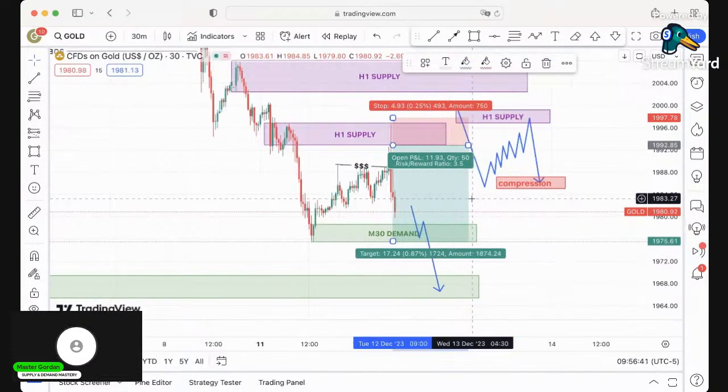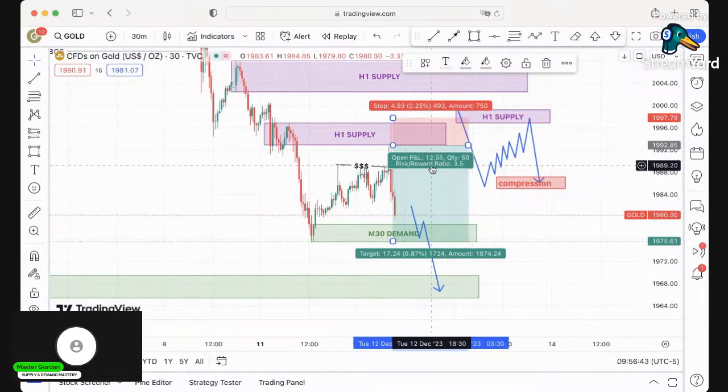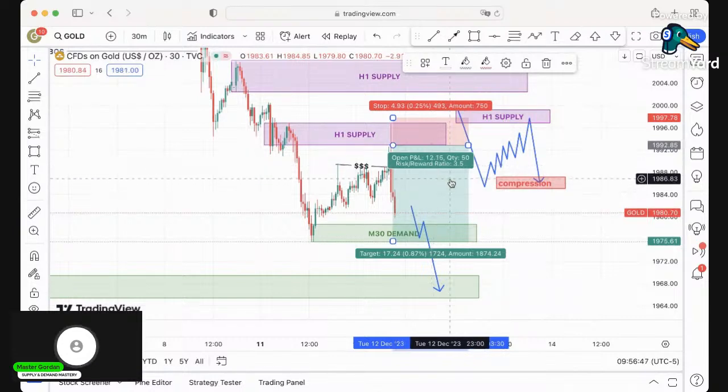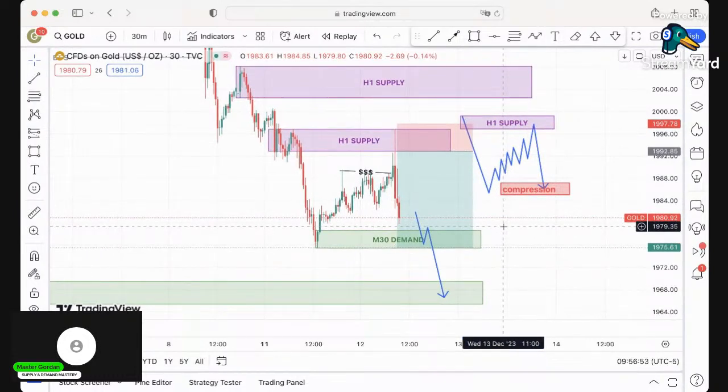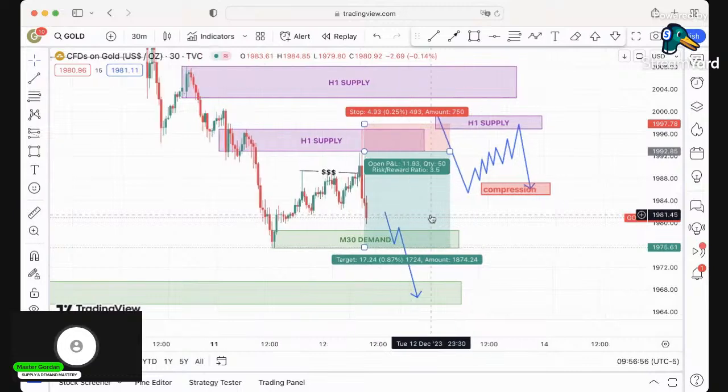So you check what the risk reward ratio is here. The risk reward ratio is 3.5. That means if you risk 1% for this trade, then in return you will get 3.5% by just one trade.